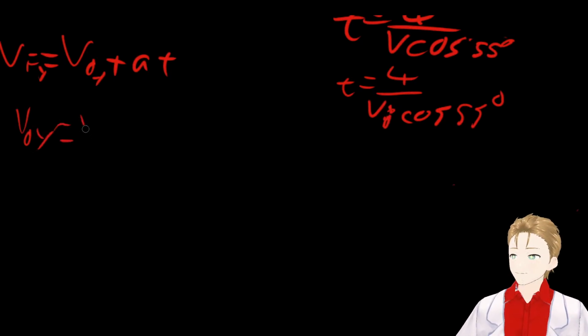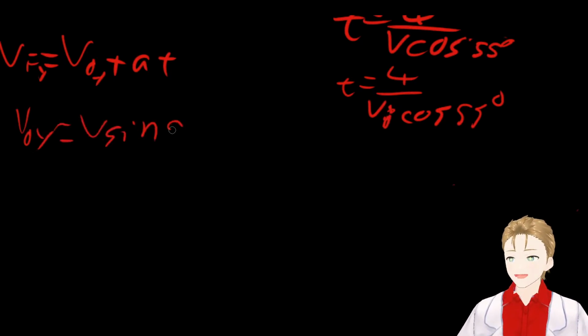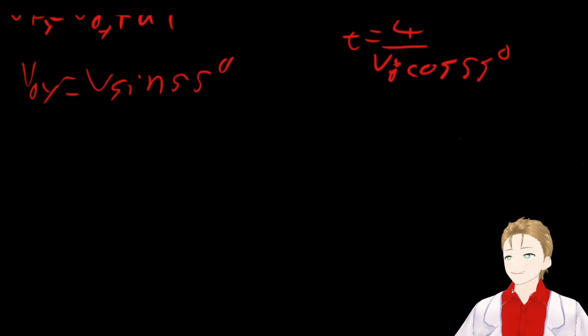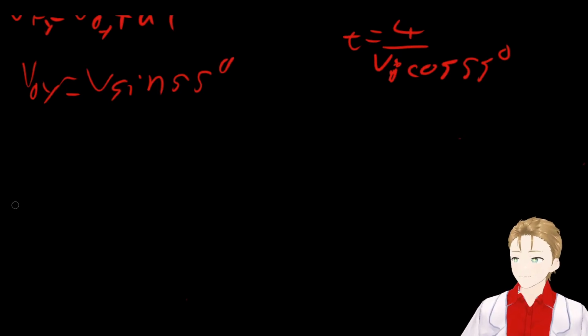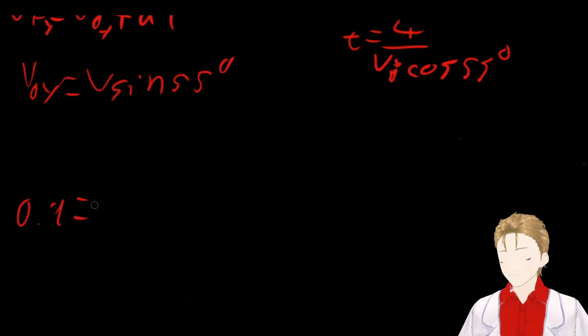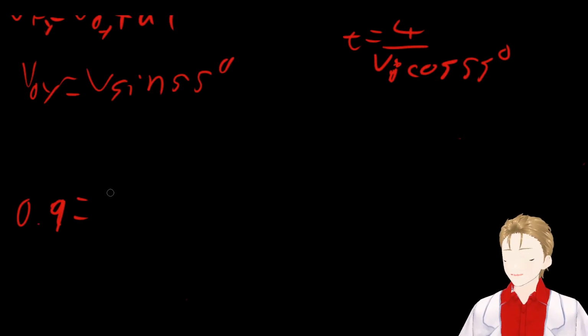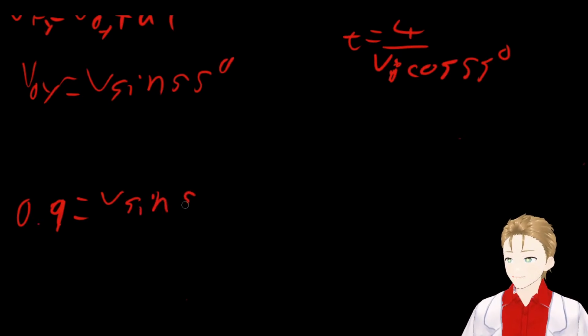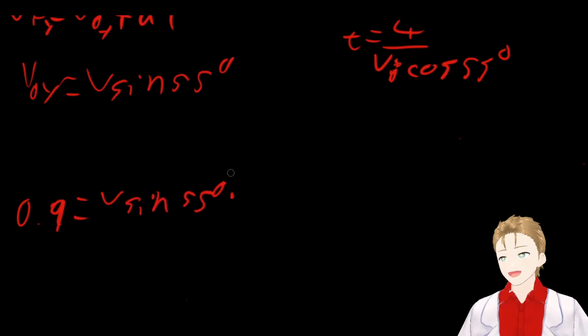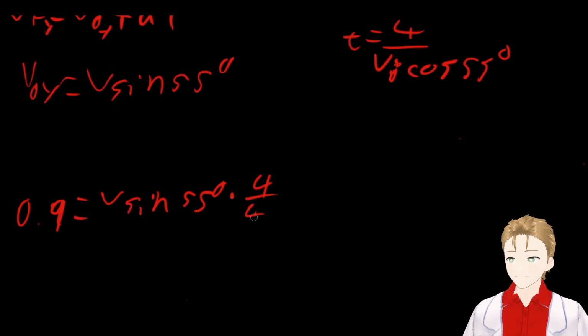Initial y is the sine of 55 degrees. How could I forget? Anyway, now that I have that, I can already solve it. I can actually probably solve this right. Look at this little buddy. So v sine 55 degrees times 4.